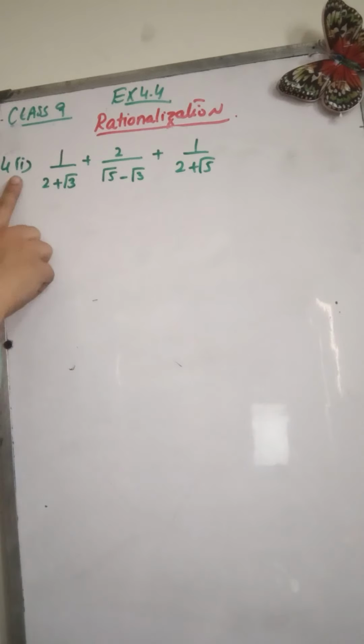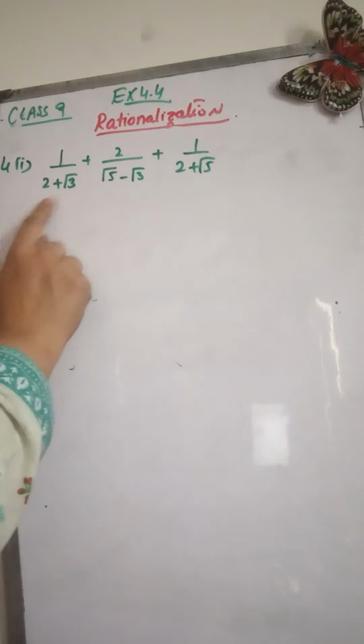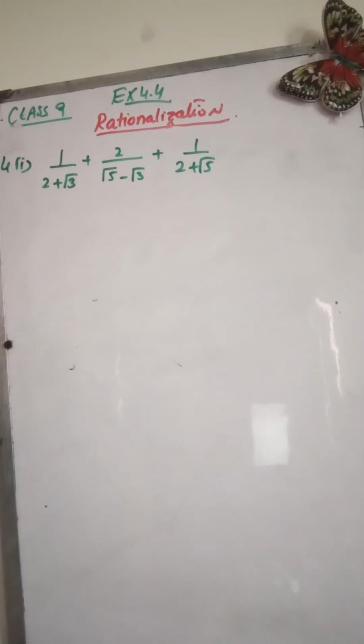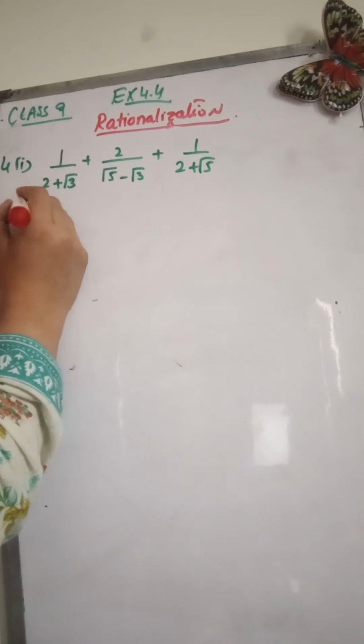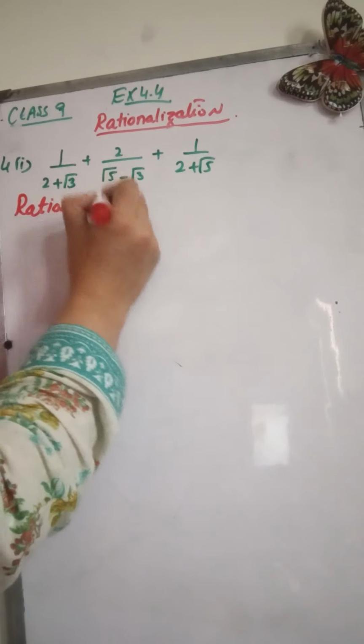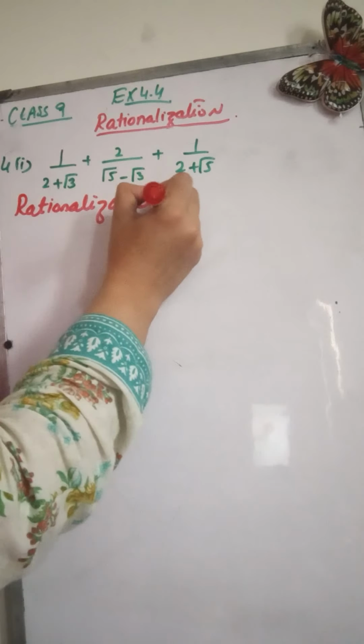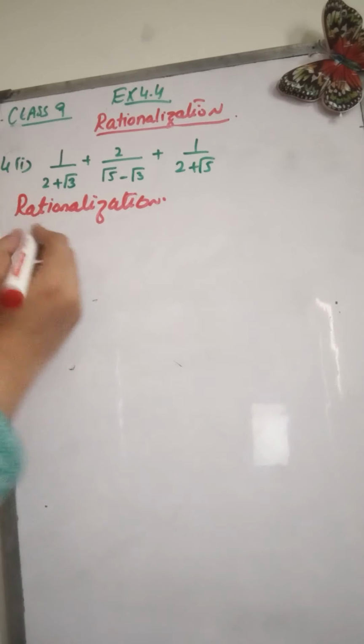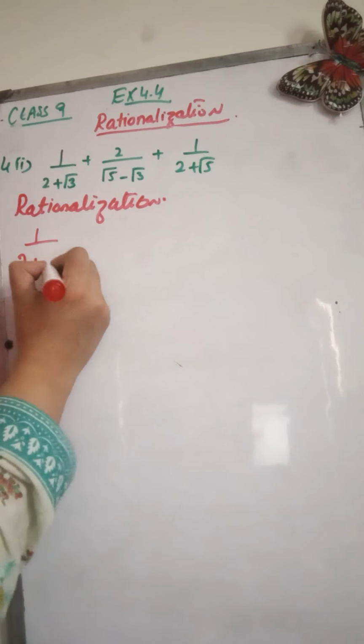Now question number 4, part 2, we have to add these three fractions. For this, what we have to do is, we are going to rationalize all these fractions and then we are going to add the resulting expression. So rationalization. First pick the first fraction, 1 over 2 plus under root 3.